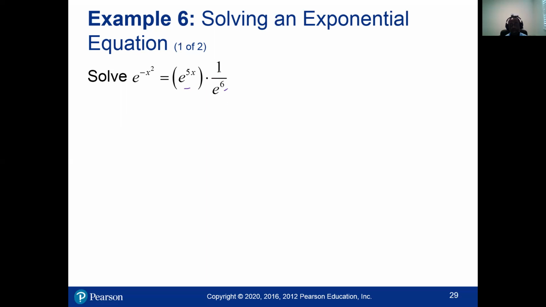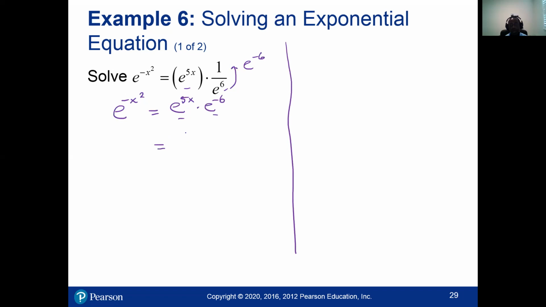Now first, for us to be able to add the exponents, we have to take this one up and write it as e raised to a negative 6. So the left-hand side becomes e raised to negative x squared, and we have e raised to the 5x times e raised to negative 6. Now they have the same base, so we can add the exponents.